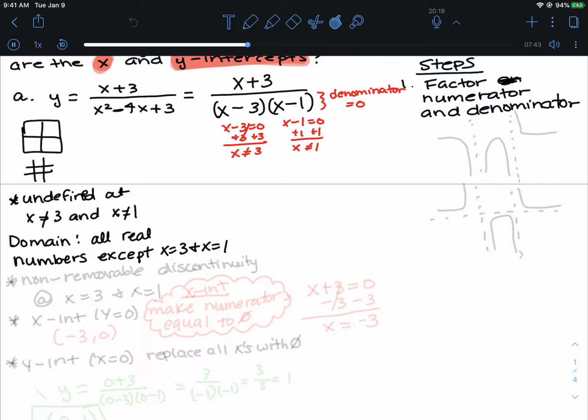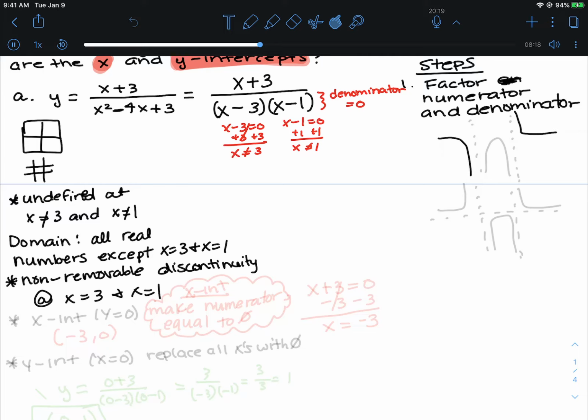Okay, now here I'm going to have a non-removable discontinuity at x equals 3 and x equals 1, okay? Now, you know that this is a non-removable discontinuity because you have a fraction, and we said that a fraction is going to be some sort of rational function that has asymptotes and looks like this.